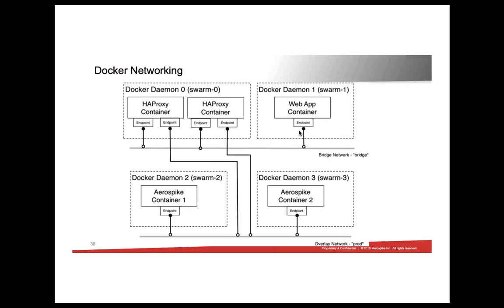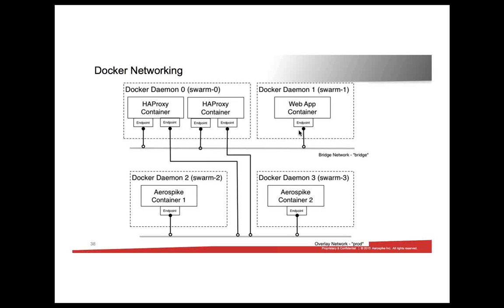And so Docker has introduced something called multi-host networking and a particular driver called the overlay driver that essentially creates a VXLAN underneath the covers, and then those containers will join that VXLAN. This means that each one of those containers now has essentially a unique host name and IP address.